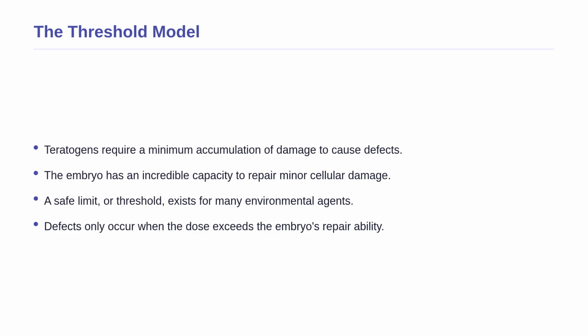This is because the developing embryo has an incredible capacity to repair minor cellular damage or replace a few dead cells. Therefore, a birth defect only occurs when the dose of the teratogen completely exceeds the embryo's natural ability to repair itself. This biological reality leads us to our next mathematical model.